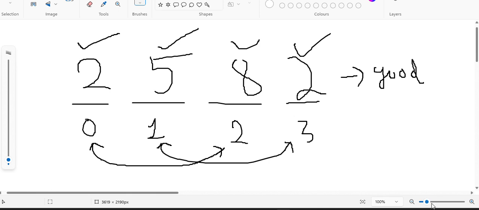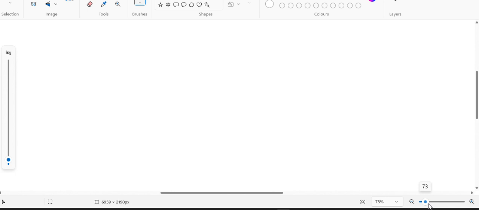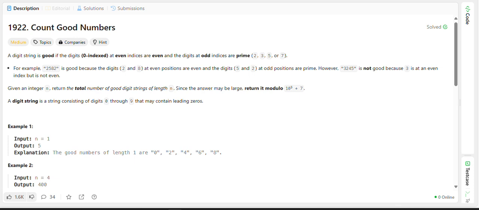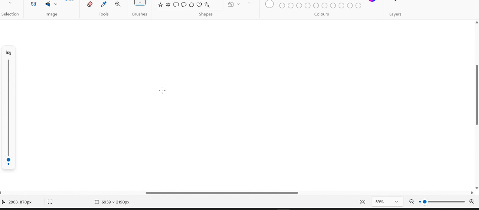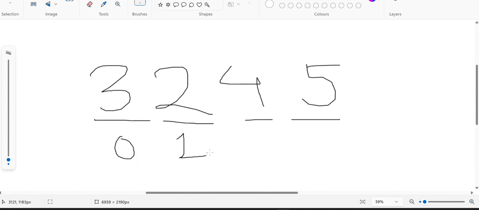Now zoom in. Okay, done. So suppose, what is a bad string? 3245 is a bad string. Indexing 0, 1, 2, 3.